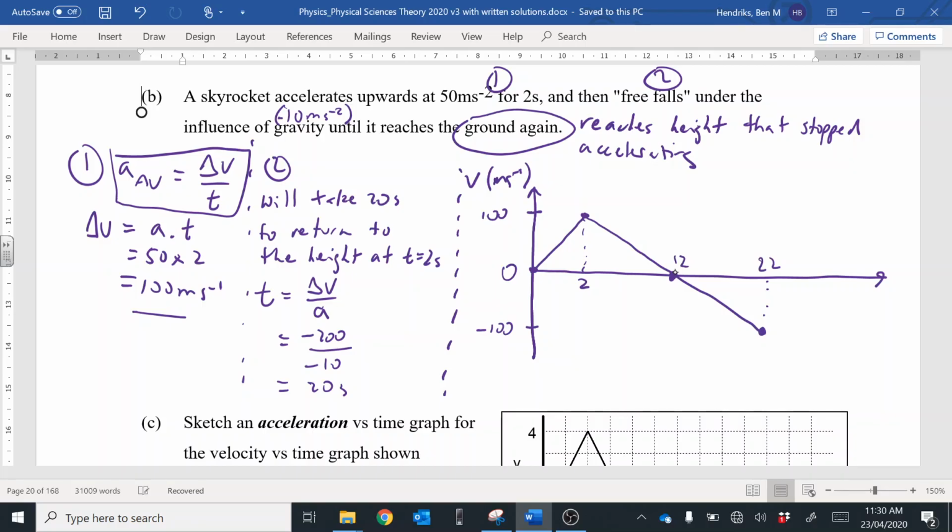It stops accelerating at this point, but it actually continues to go upwards up until 12 seconds. That's when the acceleration due to gravity overcomes the initial velocity, and then it starts to fall back from 12 seconds down to 22.